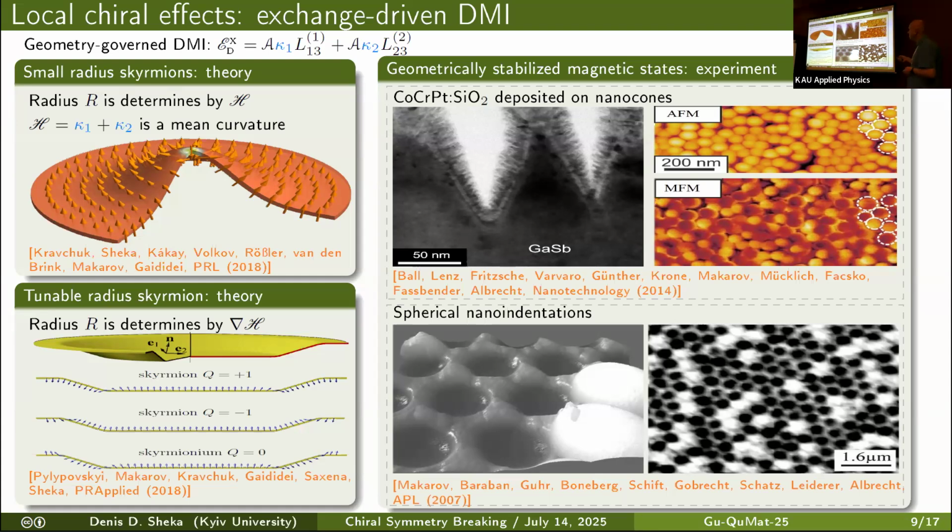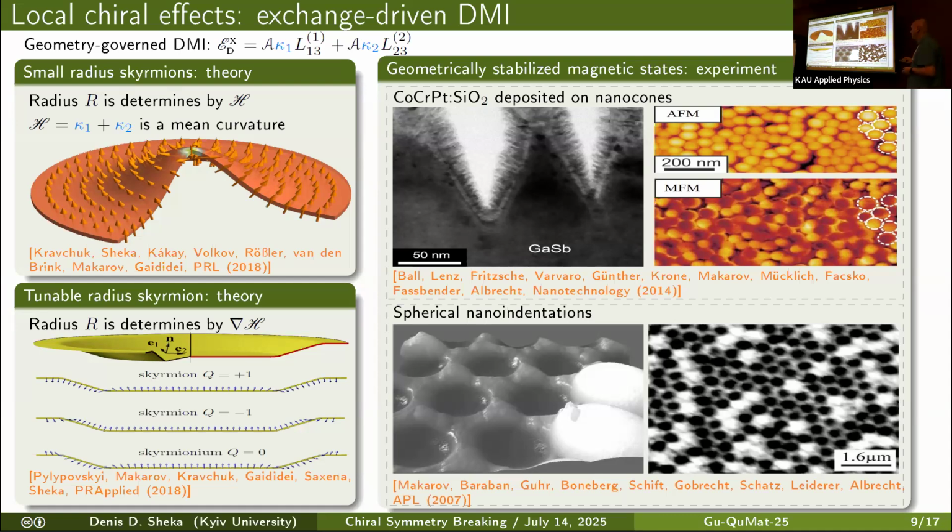So you see experiments with two different geometries. It was a periodic, self-assembled periodic system of nanocones or spherical nano-indentations, and after that a perpendicular material was deposited, and there appears a structure which correlates with the theoretical results.